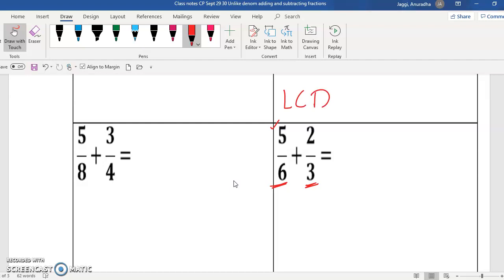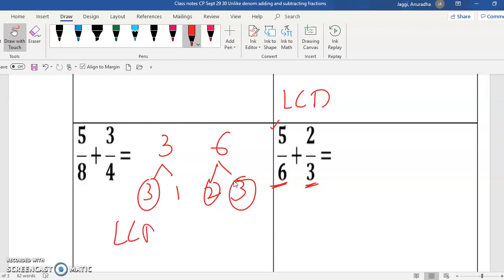So if you do 3 and 6 by factor tree, 3 is 3 times 1 and 6 is 2 times 3. If you start writing the LCM, 3 has a pair, so write it only once, and then 2 times 3 is the same thing, 6.